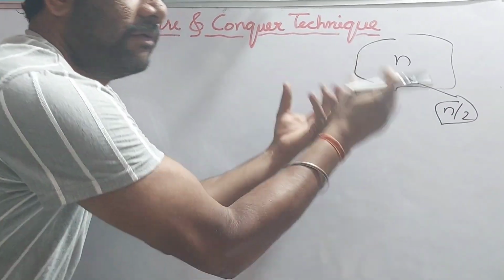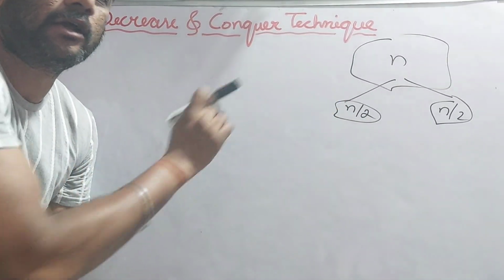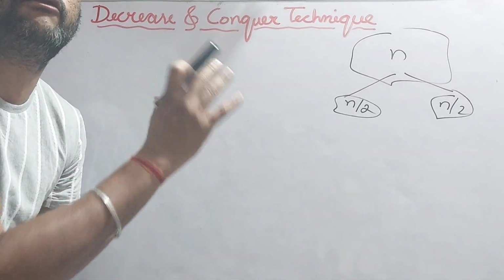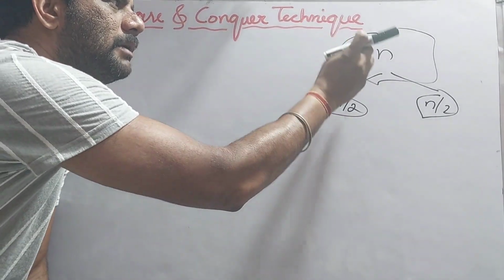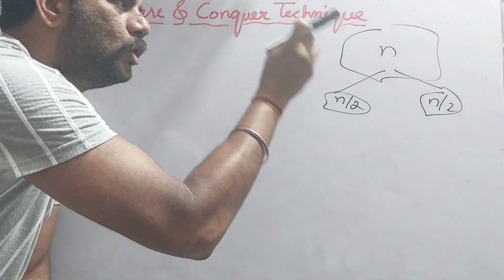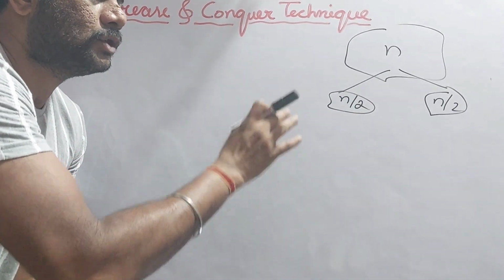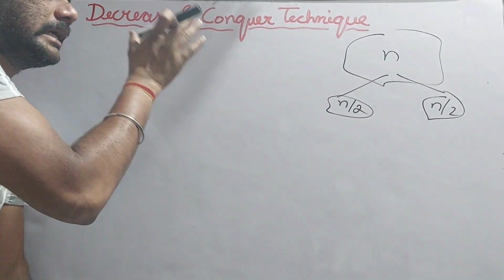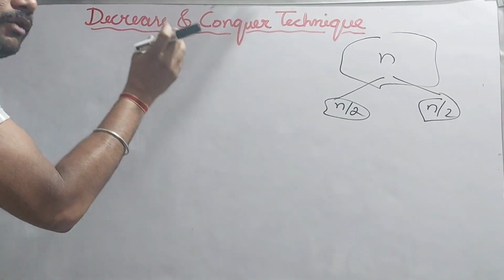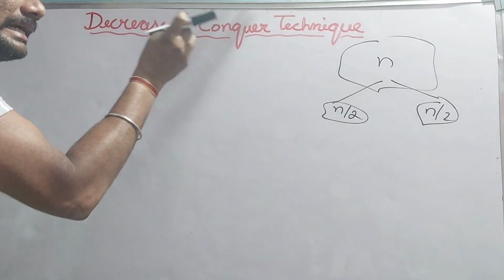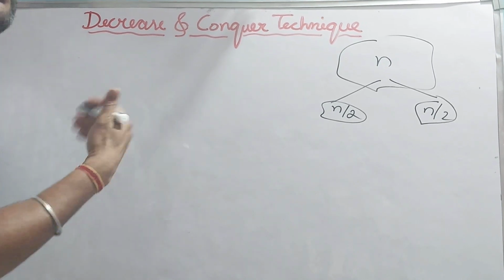Here we don't have any freedom. Every time we need to divide the given problem into two halves, that's it. But in decrease and conquer, we have complete freedom. We can decrease the problem size by as much as we want.